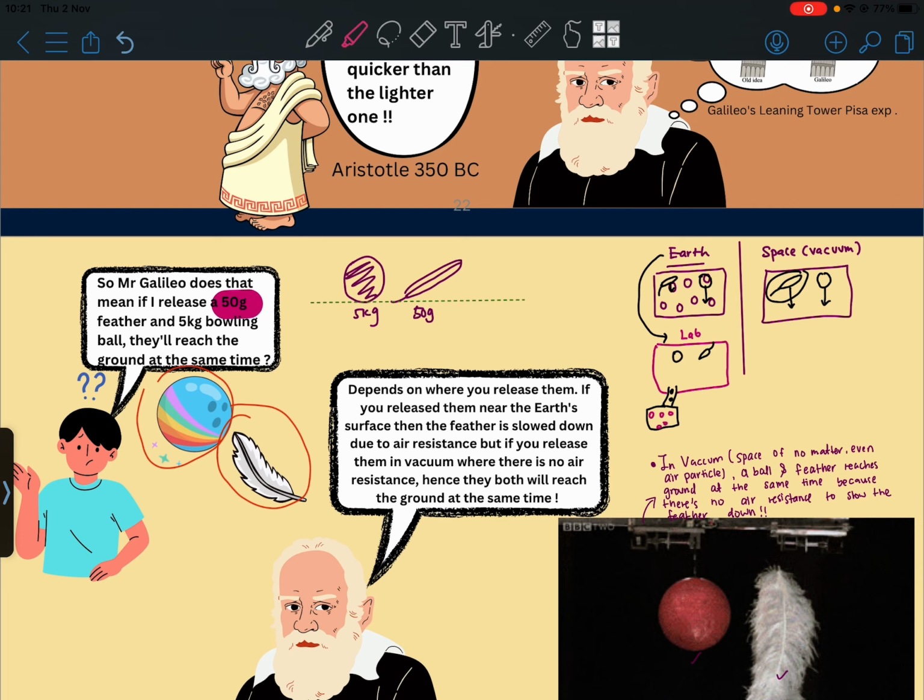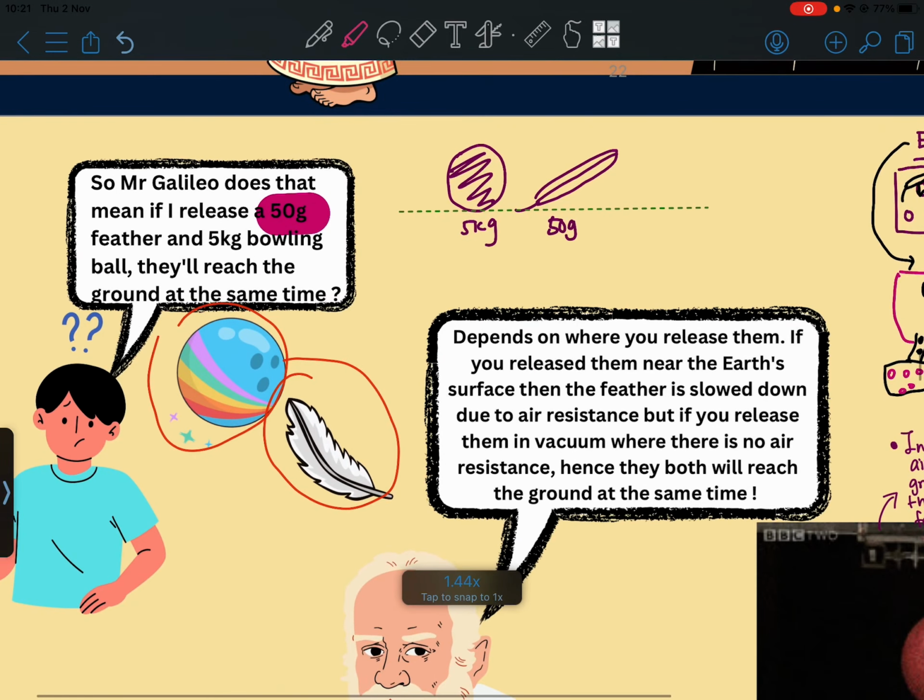So the feather will be falling down at a slower rate, while this bowling ball will seem to fall faster, because its shape is spherical, so it will not experience that much resistance force due to the air resistance.